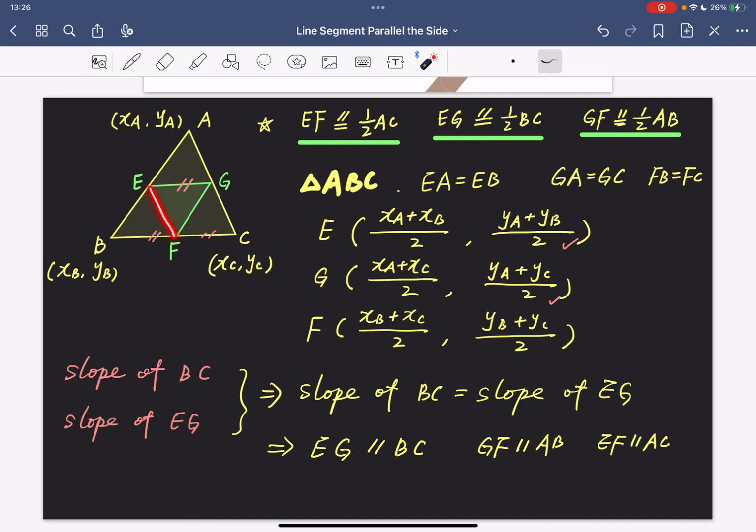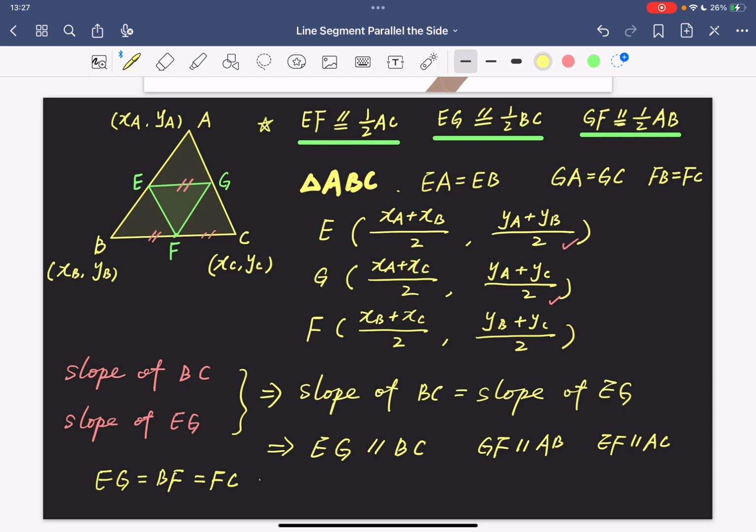Similarly, this shape is also a parallelogram. According to this finding, we know EG equals BF. EG also equals FC. So we get EG equals BF equals FC.